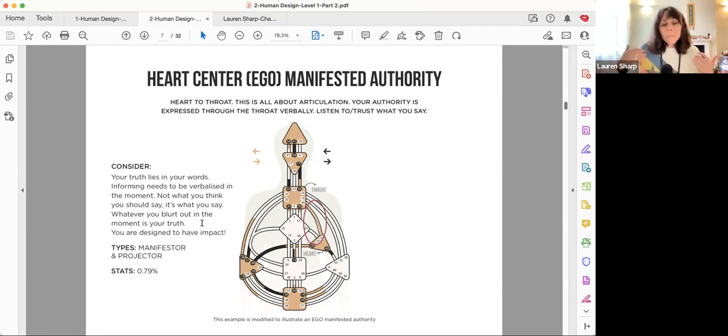And when you see an individual who has this authority, it's very much about articulation. It's about verbal expression. It's about trusting what they say, listening to what they say. So, someone who would need to talk about something.